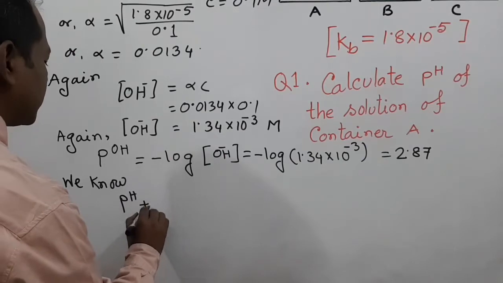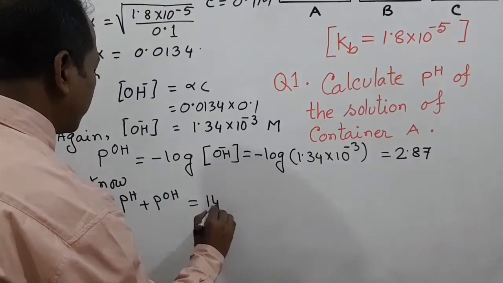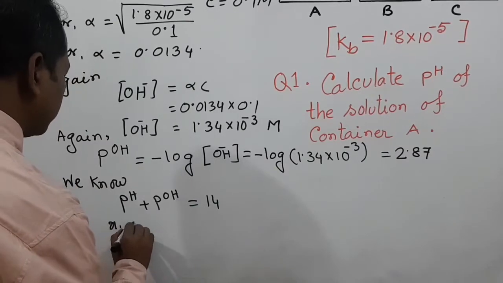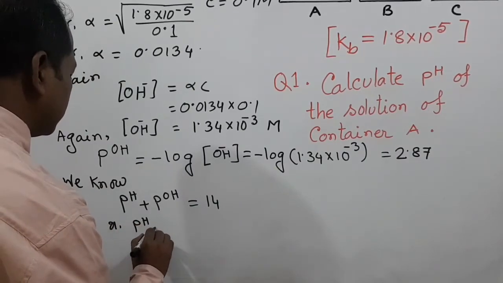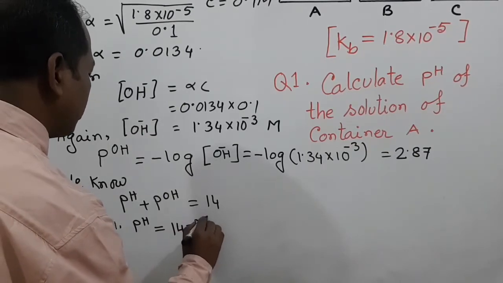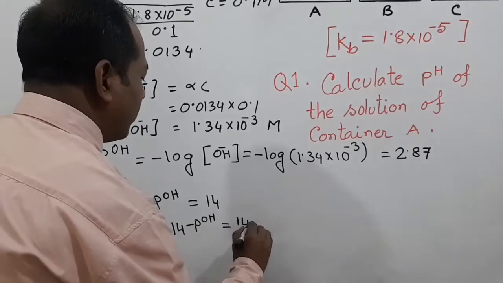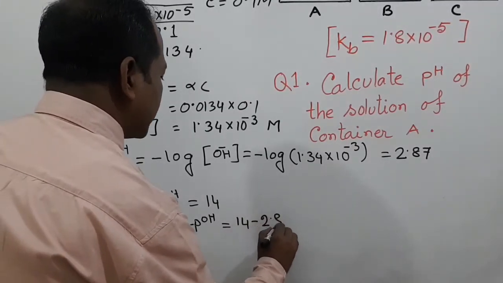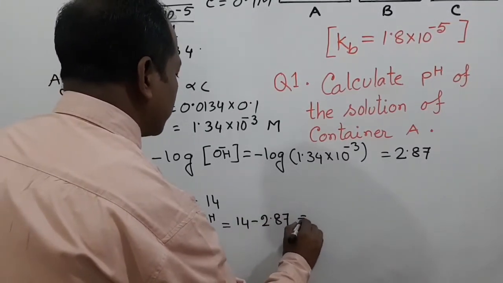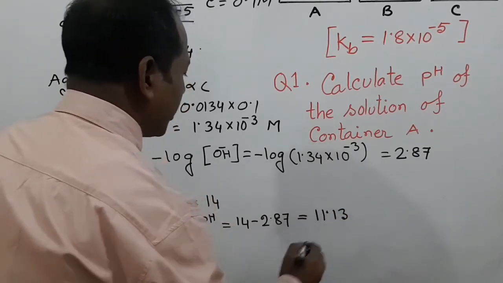pH plus pOH equals 14, so pH equals 14 minus pOH, that is 14 minus 2.87, and we get the value 11.13.